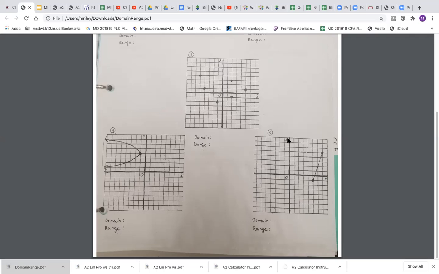Number 5 was a challenge question. We haven't done it yet. But notice, ooh, those aren't arrows. But it is continuous. Let's see, that's 1, 2, 3, 4. So it's 5, 6, 7. What did somebody put for their domain for number 5?